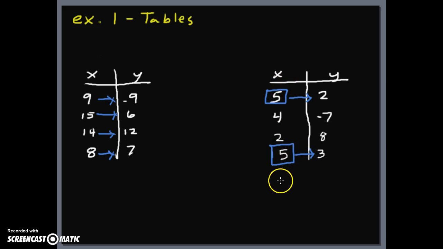So if this were a function, then our input 5 should only have one y value or one output. And in this example, it's got 2. It's got 2 and it's got 3. So this is an example of a non-function. So we've got a function right here, and we've got a non-function. That's what it looks like in a table.